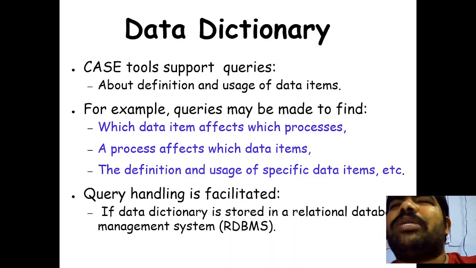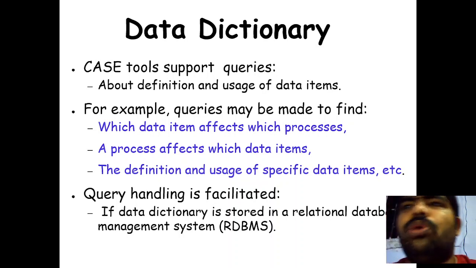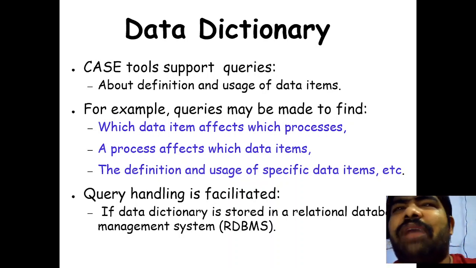The CASE tool provides queries which are used in accessing or using the data. For example, we can see which data items are affected whenever we are making a process, and which data items are not affected. So it will be facilitated.